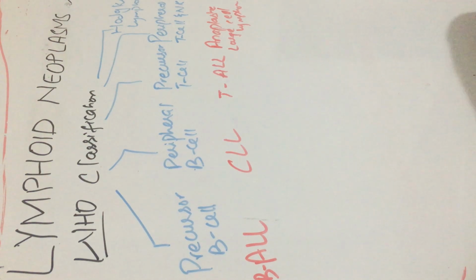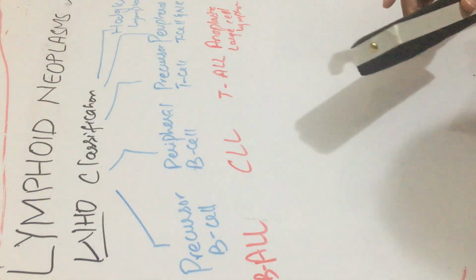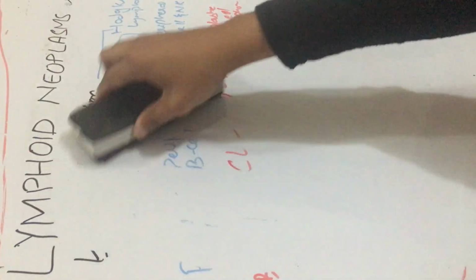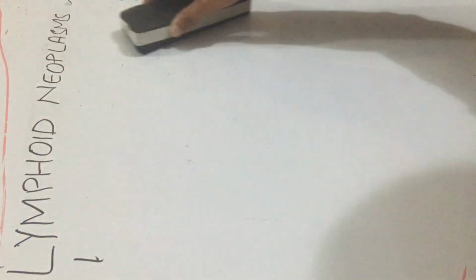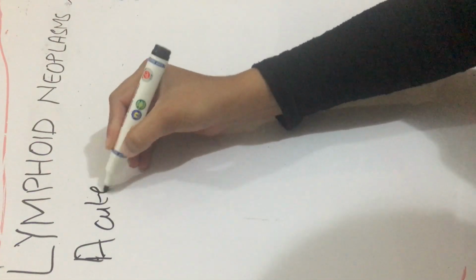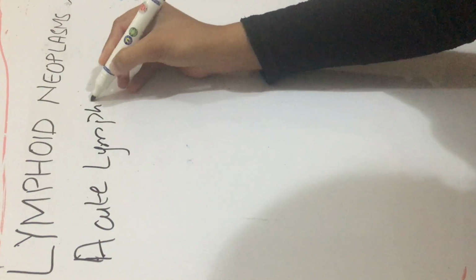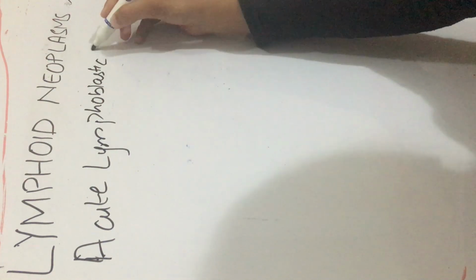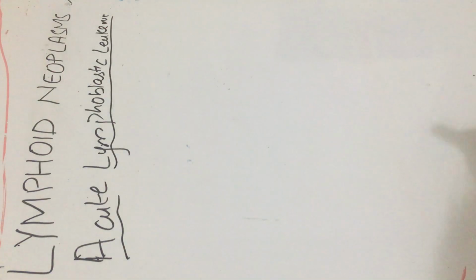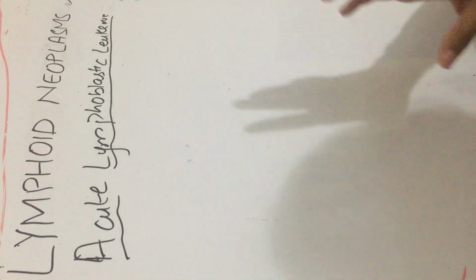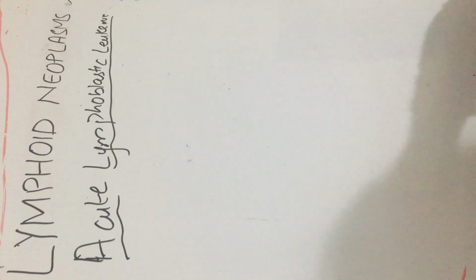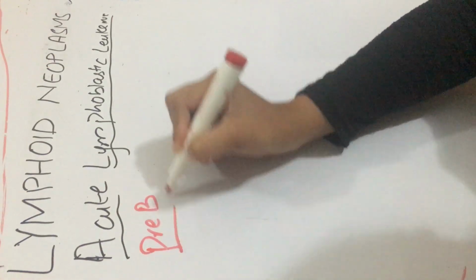Now we will first discuss acute lymphoblastic leukemia, B and T. Acute lymphoblastic leukemia is composed of immature B and T cells, which are called pre-B cells or pre-T cells.